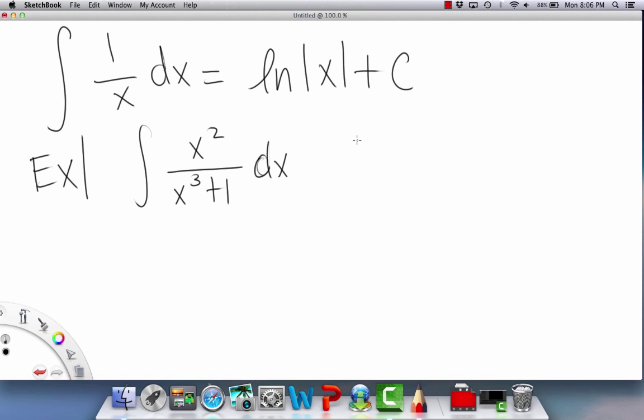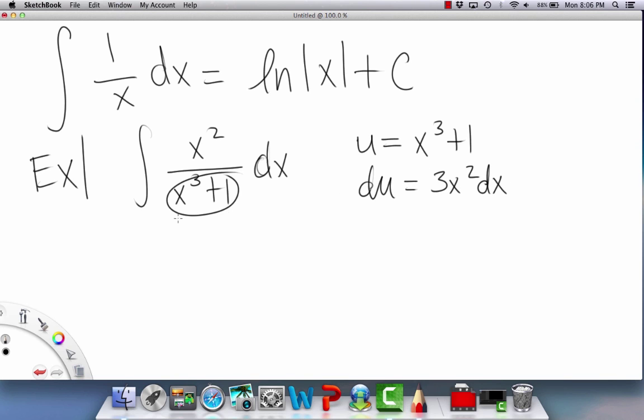So our u could be everything on the bottom, okay? So our du is going to be 3x squared dx, right? Then we're going to do u substitution. Because we'll sub in the u for the bottom, we're left with 1 over u, right? And then we still have our x squared.